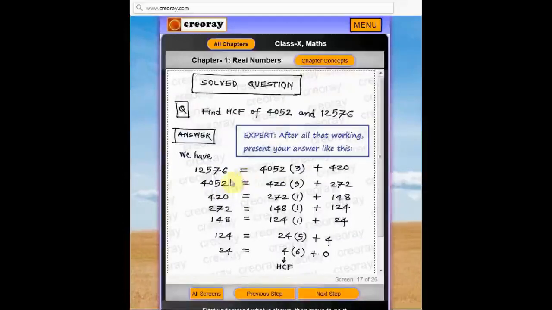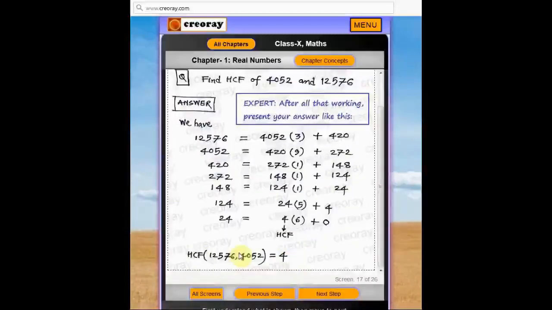The next time 4052. Continue to write all those steps and show that the remainder is 0 and the last divisor is 4. Finally, you can write HCF of (12576, 4052), put it in brackets, equals 4. That's your answer.